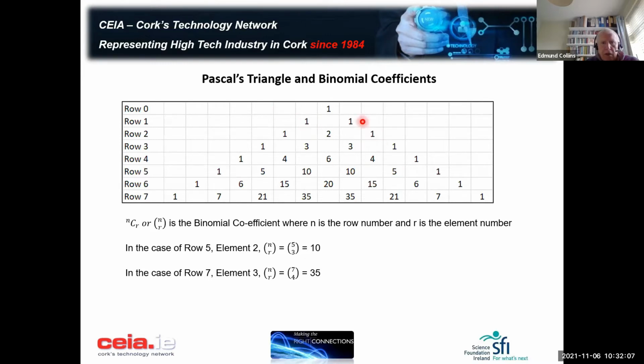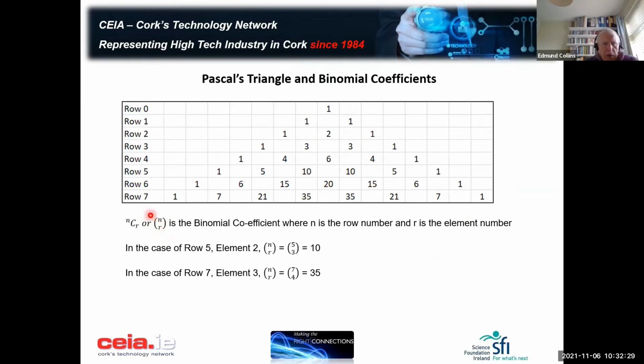And again, this line is the same as this line, and this line here is the same as this line here. But basically what it's saying is that this is a combination, an nCr type combination.